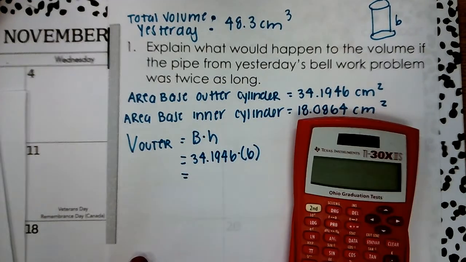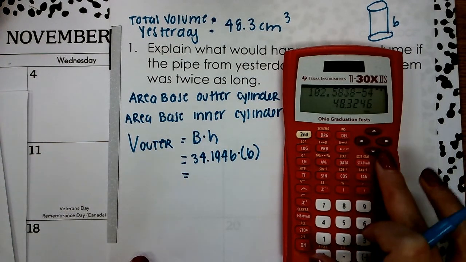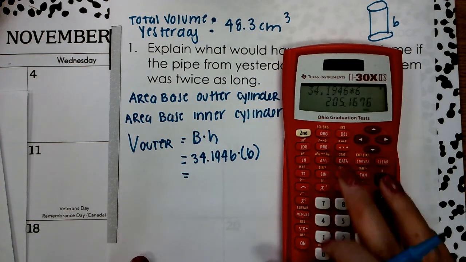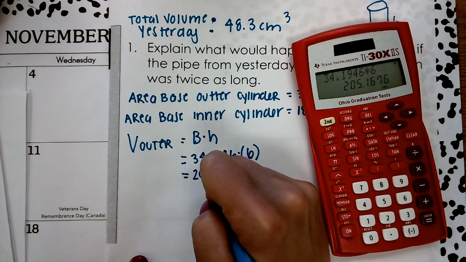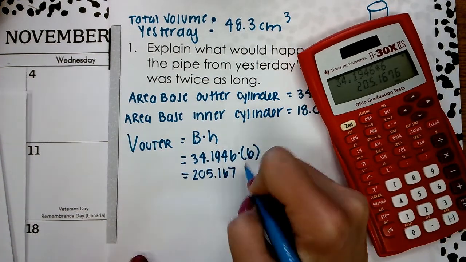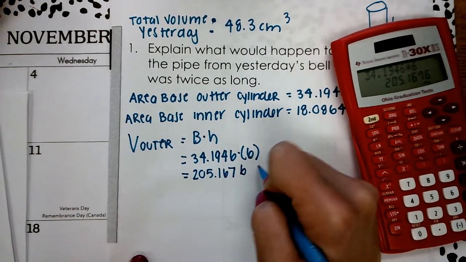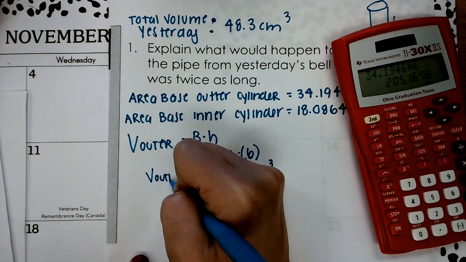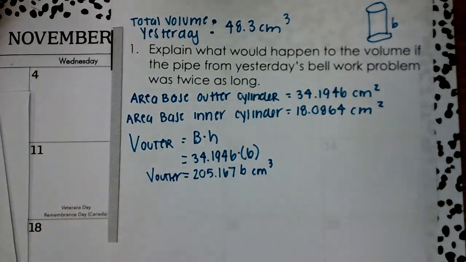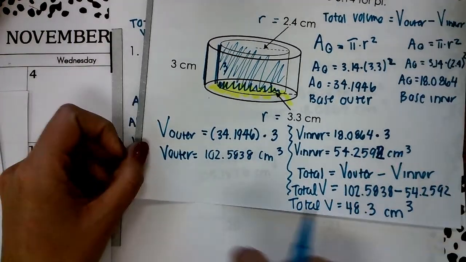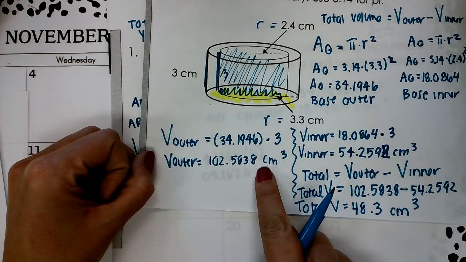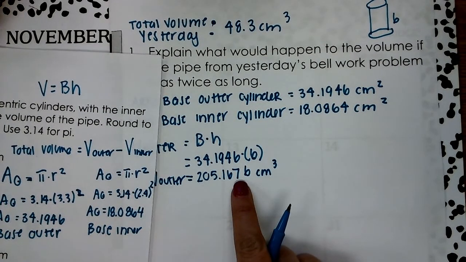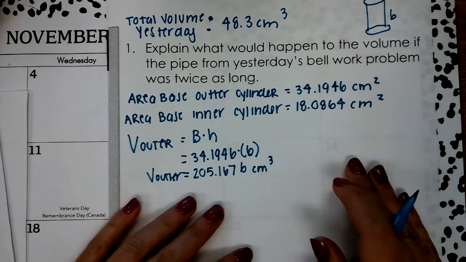So the outer volume is equal to 34.1946 times 6, which is 205.1676 centimeters cubed. We looked yesterday, the volume of the outer cylinder was 102.5838 centimeters cubed. So it looks like it's definitely getting bigger and it might be doubling. Let's see what's happening here.